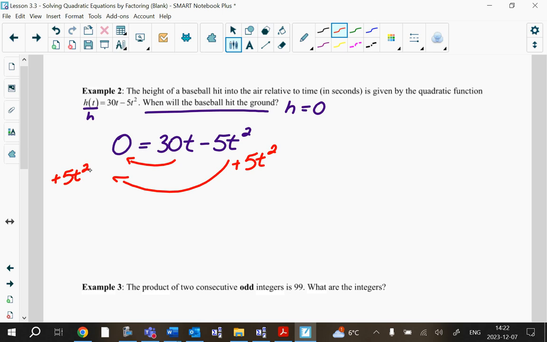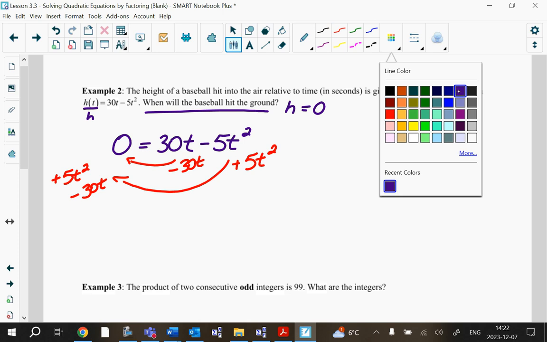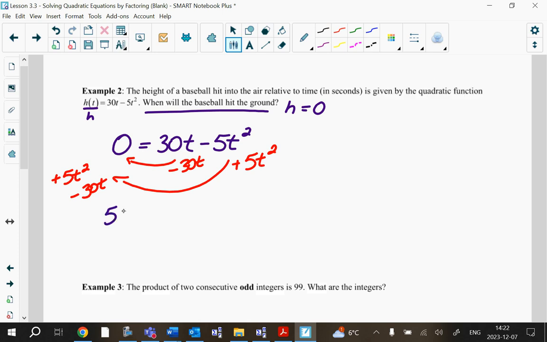We take 30t over to the other side by subtracting 30t. So on the other side, I'm going to get positive 5t squared minus 30t equals 0. So all I did was I just moved everything from the right to the left, because that's the way we're used to seeing it.